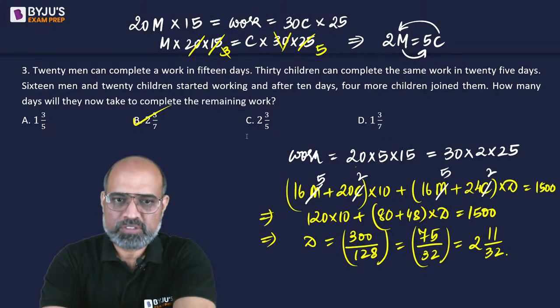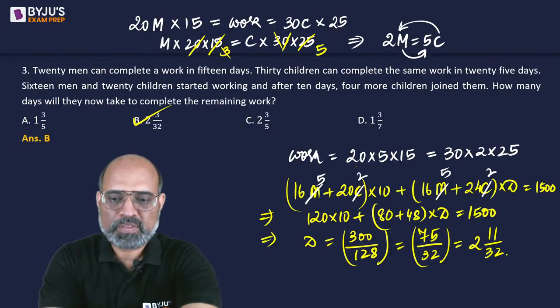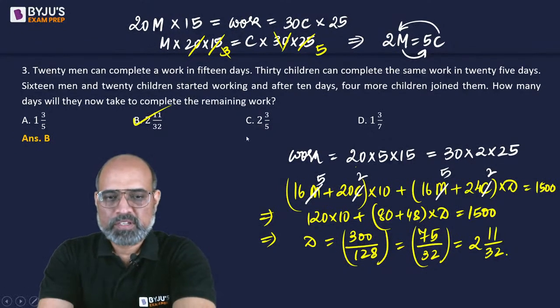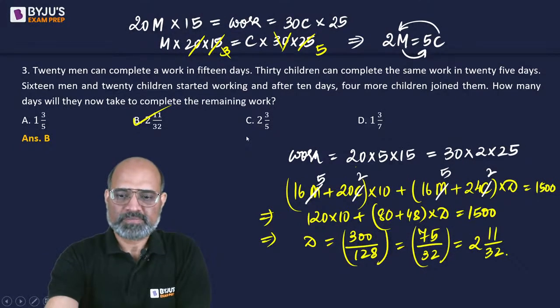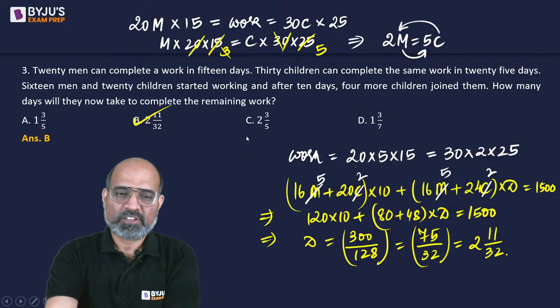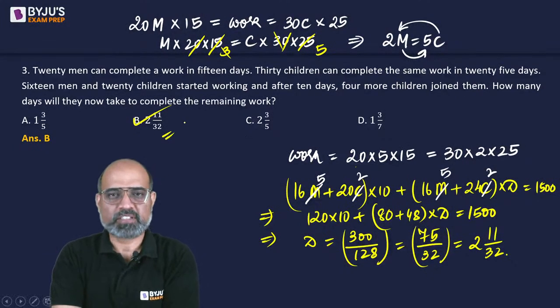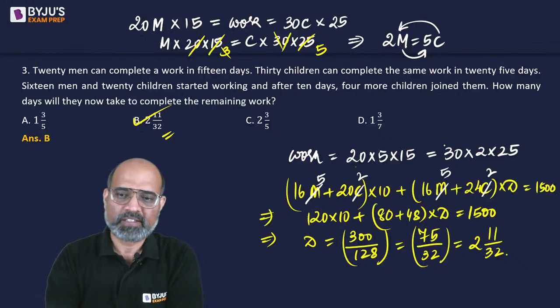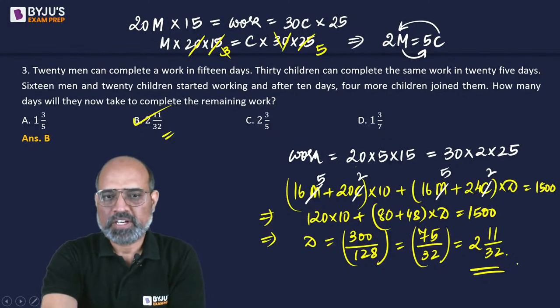So this is supposed to be 32 and 11. ठीक है, क्योंकि आंसर तो बी है, तो क्लोजेस्ट ऑप्शन था शायद, इसीलिए that's why we were supposed to mark that. The question should have been then approximate or the closest option, right? So 211 by 32 is going to be the answer. Definitely not, it's going to be A, C or D.